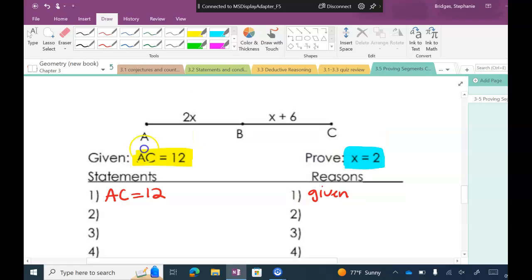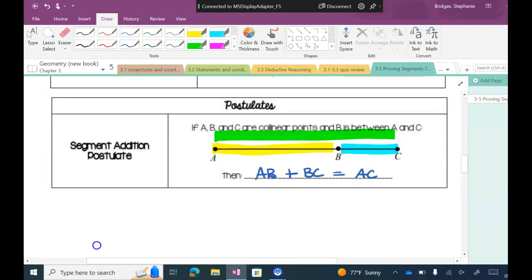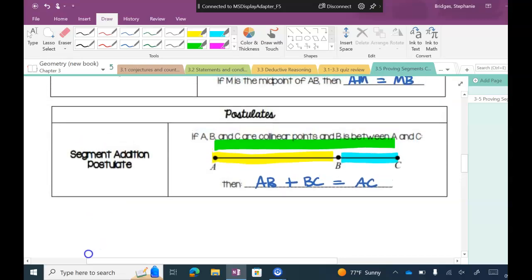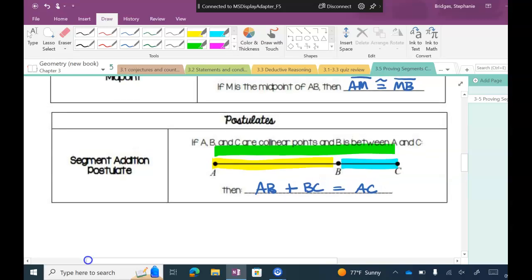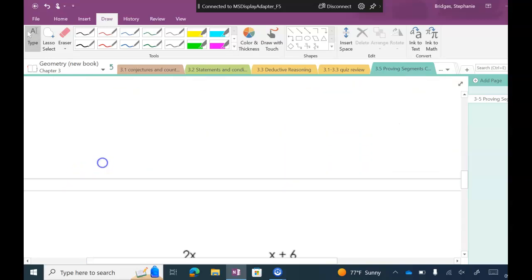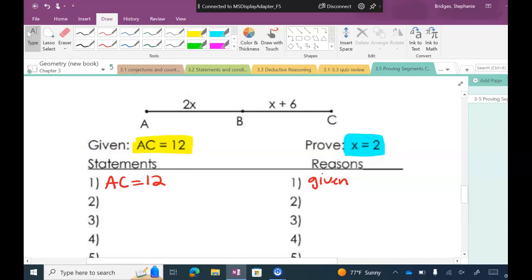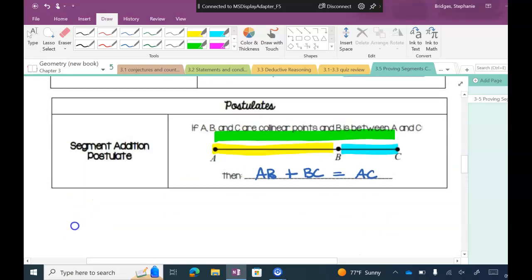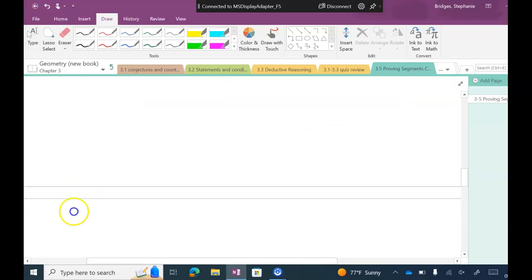Hint. It's got two segments, right? What two segments are in my picture? AB and BC. And what did that postulate just say? That we could take two segments and add them together and set them equal to the big segment? Okay.